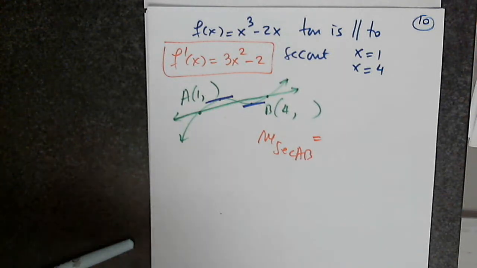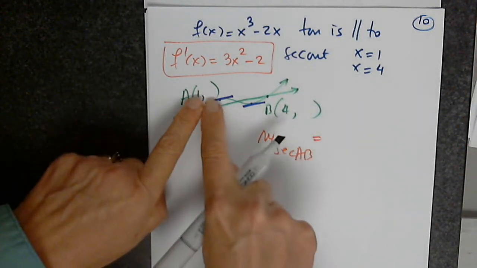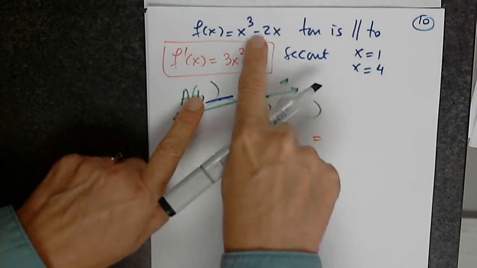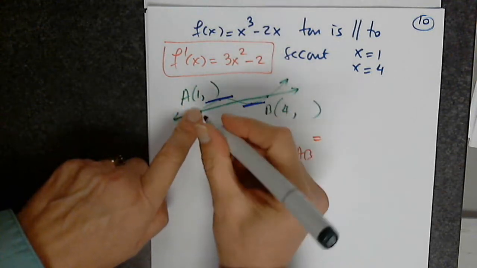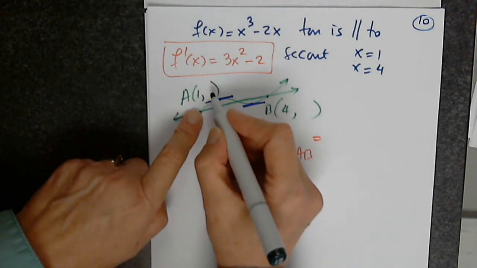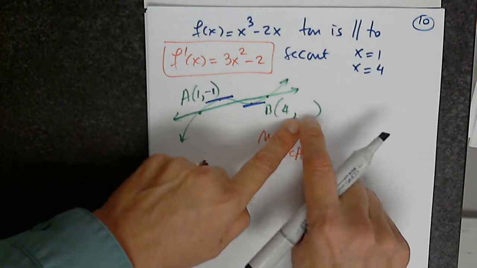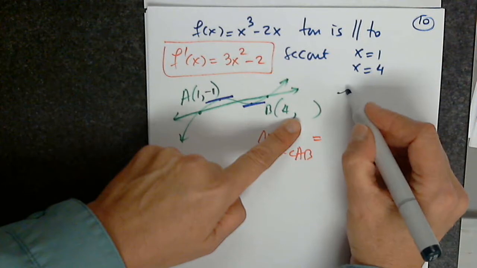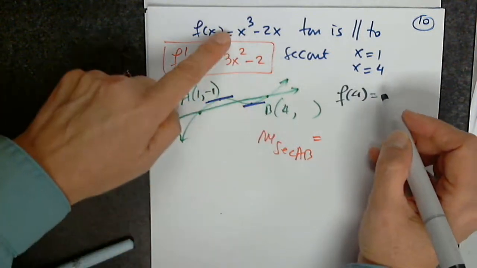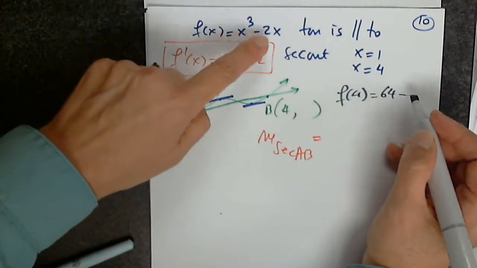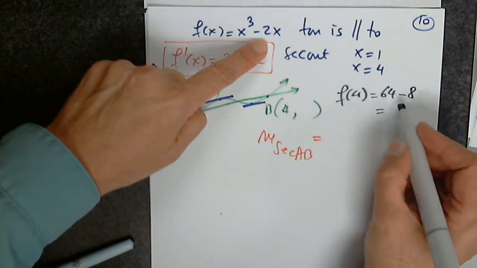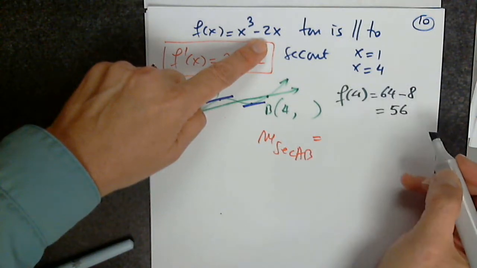This is the alpha, which is only 1. Very good. 1 minus 2 is? And here? 64. So f of 4, 4 to the third, 64 minus 8 is 56?